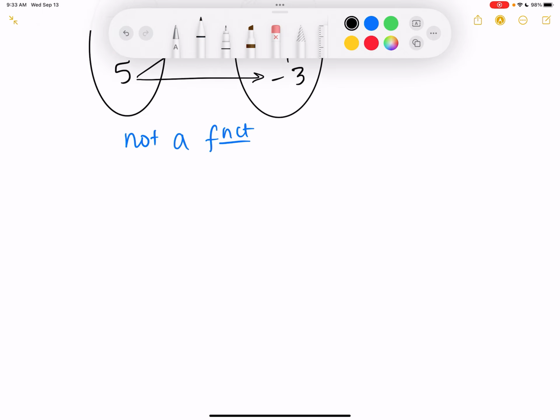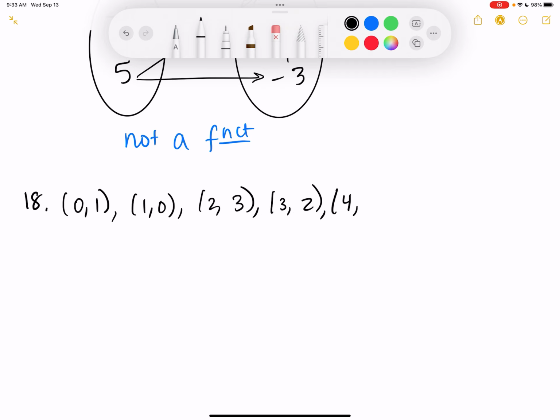So like with 18, we've got 0, 1; 1, 0; 2, 3; 3, 2; and 4, 4. So which method do you want to use to show if it's a function or not? You can pick your favorite one. It really doesn't matter.